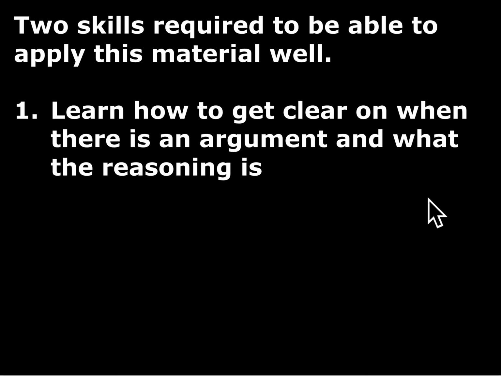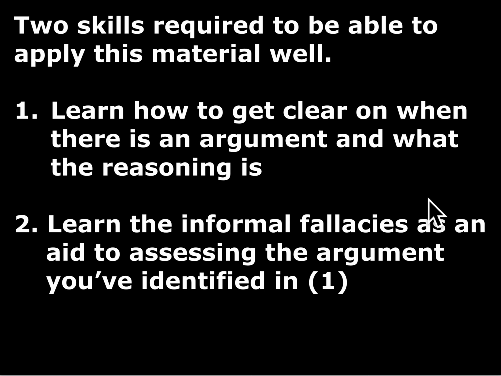Now there are two skills that are going to be required to really apply the material of chapter 5 well. One skill, and in many ways this is the deeper, more important skill, is learning how to get clear on when there is an argument and what the reasoning is. And the second skill is learning what the informal fallacies are as an aid to assessing whether the arguments, as you've identified in the first skill, are good or bad.